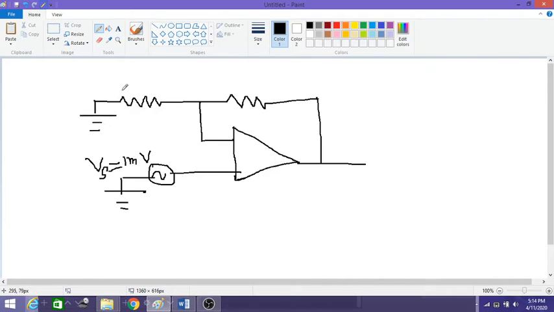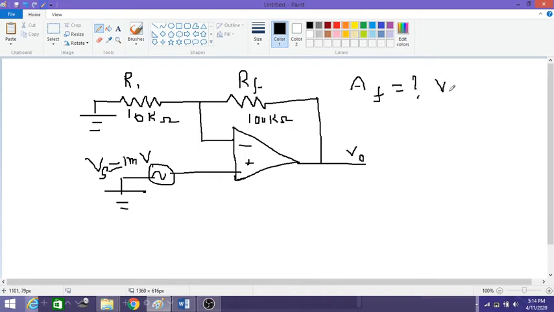This is grounded here, so this is my R1 and this is RF, which are 10 kilo ohms and 100 kilo ohms. This is V0. So we have to determine the closed loop gain AF and the output voltage.